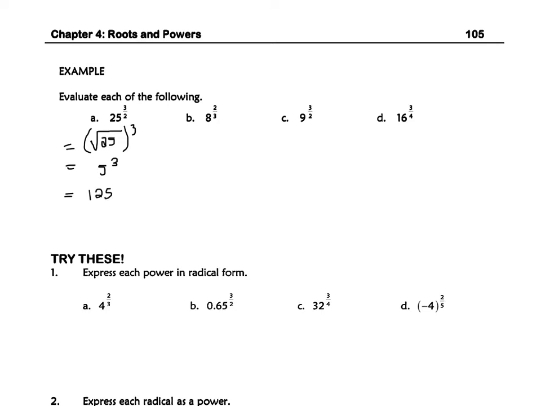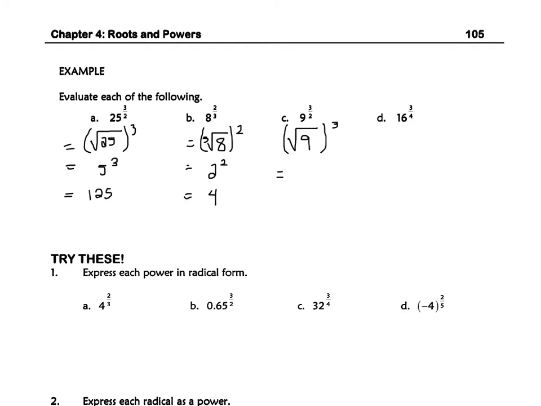And again, for b, the one that's in the bottom goes with the root sign. So this would be the cube root of 8 all squared, which is 2 squared, or 4. And c would be whatever's in the bottom is your root, so that would be the square root of 9 all cubed.